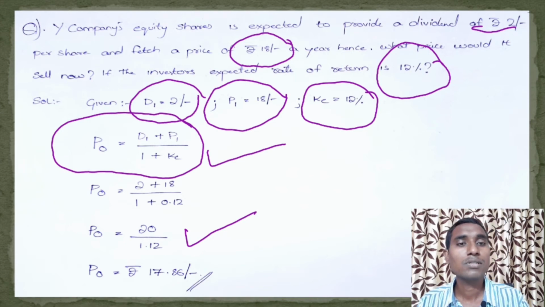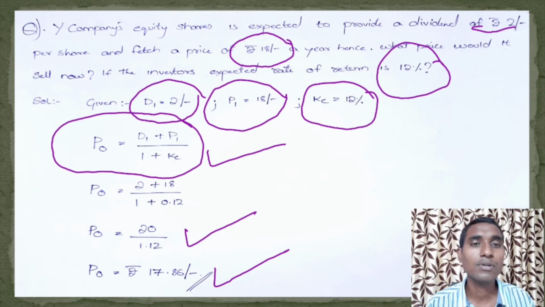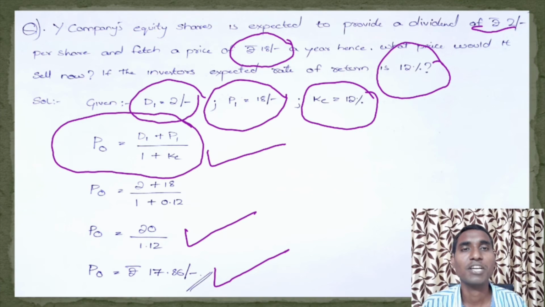That comes to 17.86 rupees. So the present value is 17.86 per share. This is how you find out the present value of an equity share using this formula when you hold the shares for a single period, that means a single year.